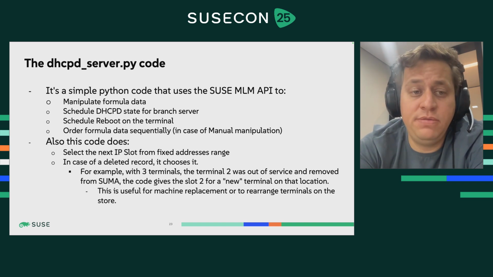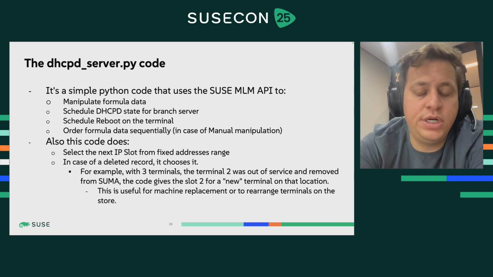This is beneficial for retail because there are some machinery replacements, and also a store needs to rearrange the terminals inside the store. So maybe the user needs to change a name, for example, to get the POS 4 to be the POS 2.